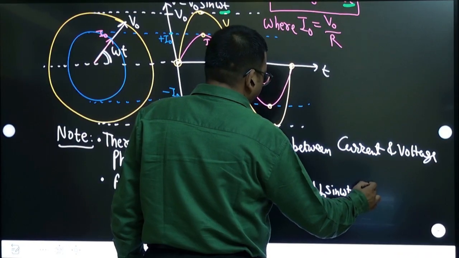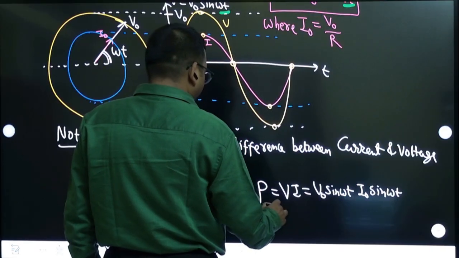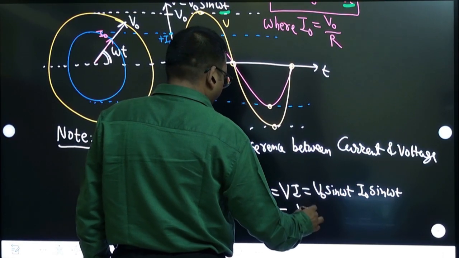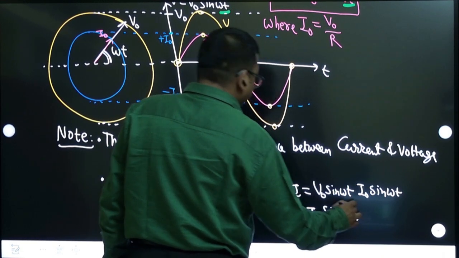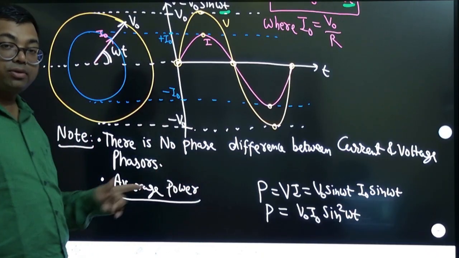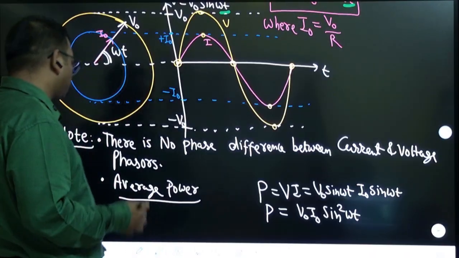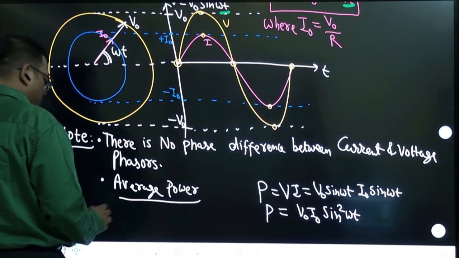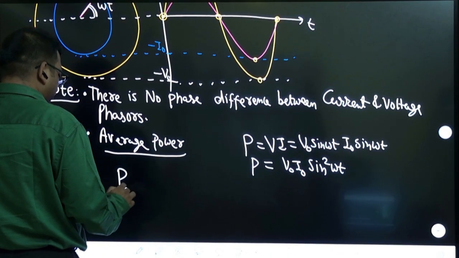I is I naught sine omega t. So power becomes V naught I naught sine square omega t. We know how to calculate the sine square average, but still let us do the calculation according to our formulas.